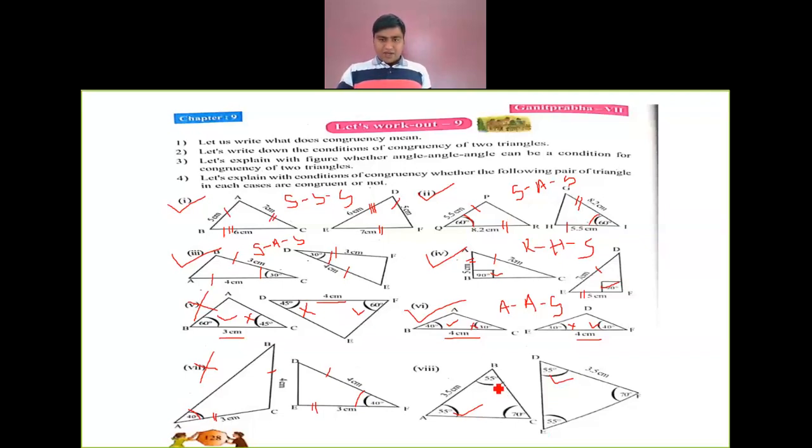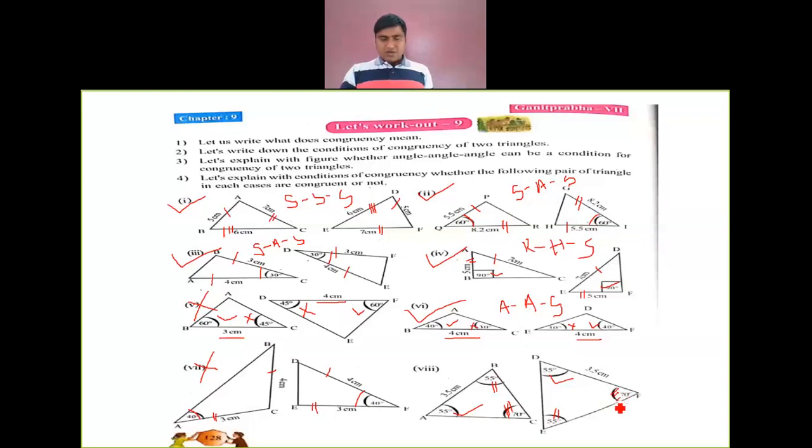Angle B equals 55, angle E equals 55 degree. And angle C equals 70 degree, and angle F equals 70 degree.